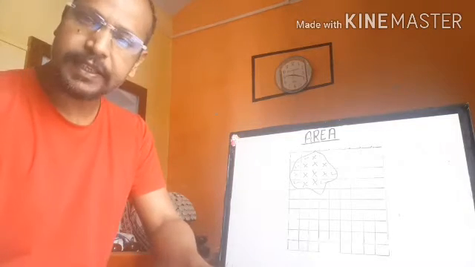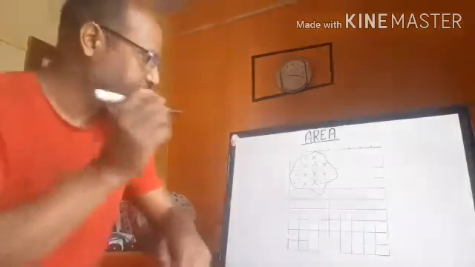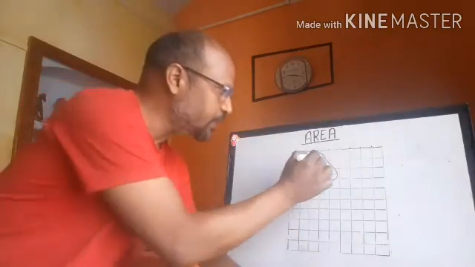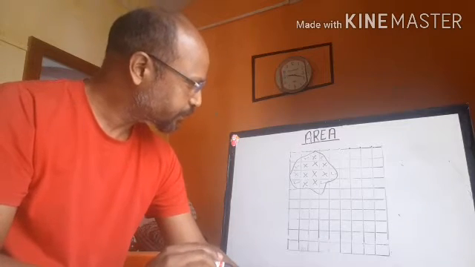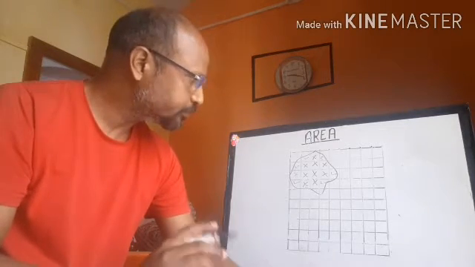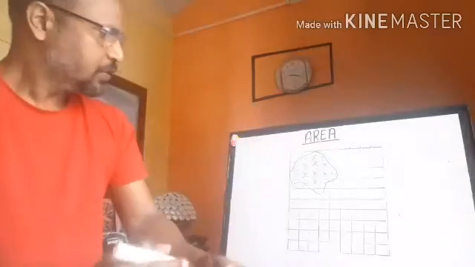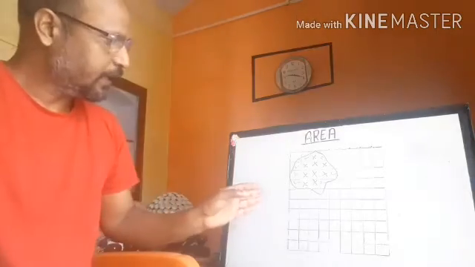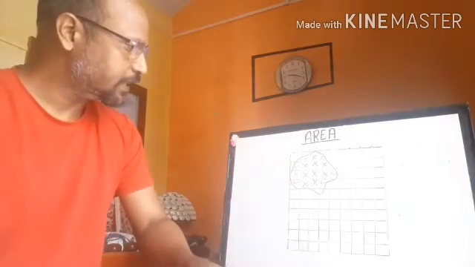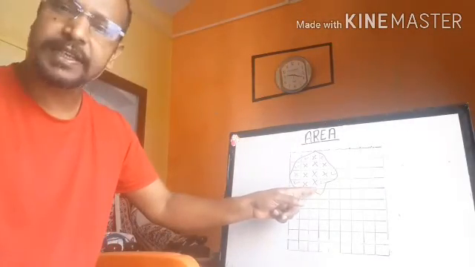Now I will take the squares that are exactly half. So exactly half I am getting over here, this one, and no other. So in such a way I have three kinds of squares in this figure.